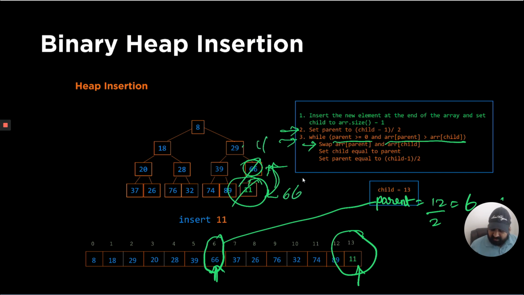Next, we are going to set the child equal to parent. So child will now be 6 instead of 13, and parent will be equal to (child minus 1) divided by 2, which is 6 minus 1 is 5, 5 divided by 2 is 2.5, and since we take the floor of this value, it's going to be 2.